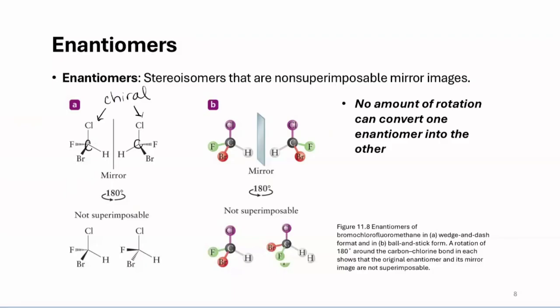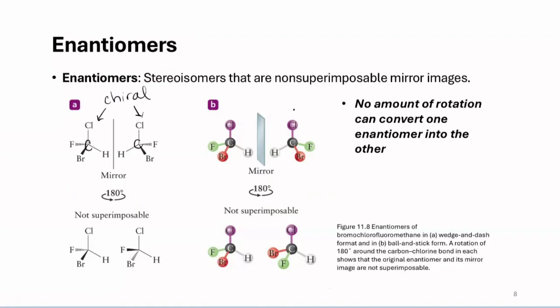Now, I'm going to illustrate the whole idea of non-superimposable using the images from letter B. If you pick up, in this case, the molecule on the right, and you turn it 180, and then we see what the molecule looks like, we can observe that that molecule is not going to completely align with the molecule on the left, even though it has the same atoms, arranged in the same order around the carbon.